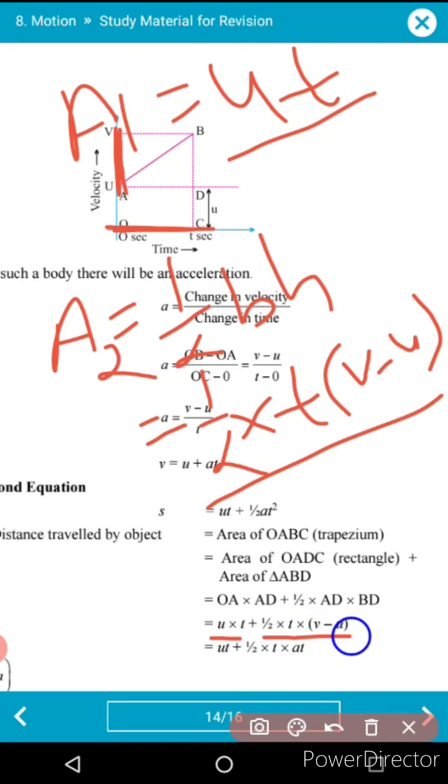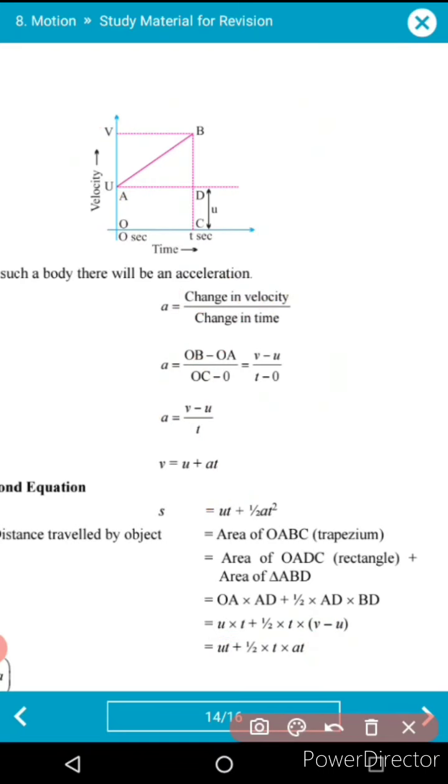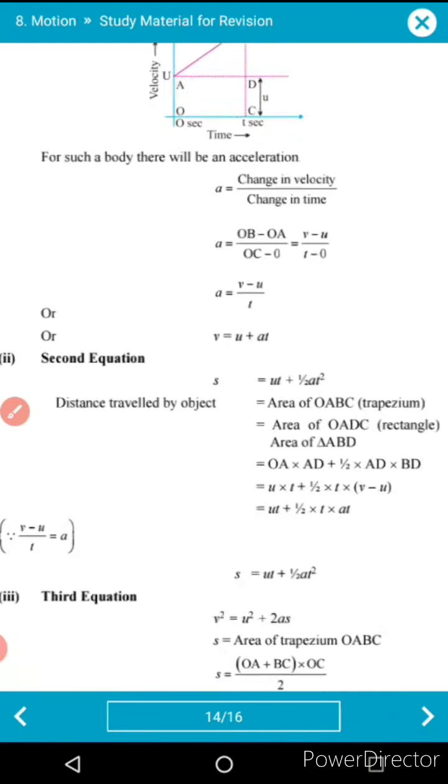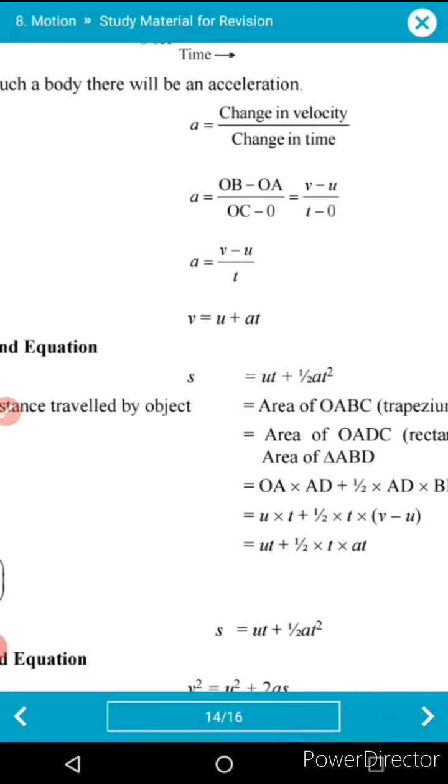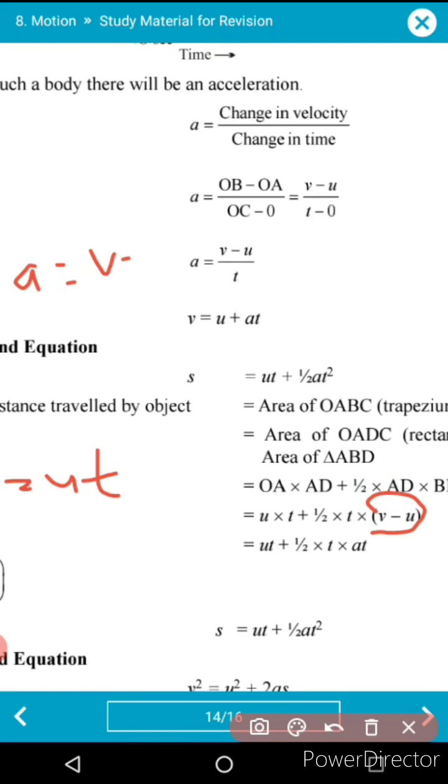Understood? Clear? So after multiplying T with the other values, see here carefully. In the first equation we are getting UT, then half T into V minus U. See, acceleration is given by V minus U upon T. So divide this equation by T and multiply by T. This will be termed as acceleration and an extra T will be added.